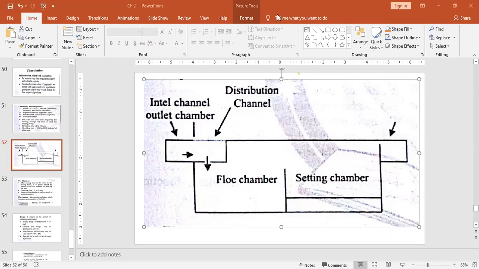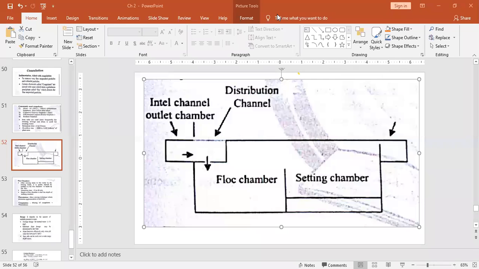Because these particles are heavier, they can settle down with their individual weight, and that type of settling is known as discrete particle settling or type 1 settling, or we can say plain sedimentation. But very fine particles which cannot settle down at the bottom by gravity remain in suspension form. For them, we can use sedimentation with coagulation.